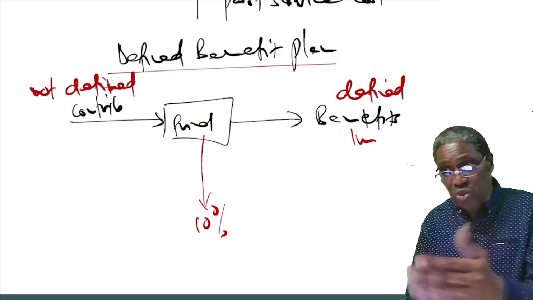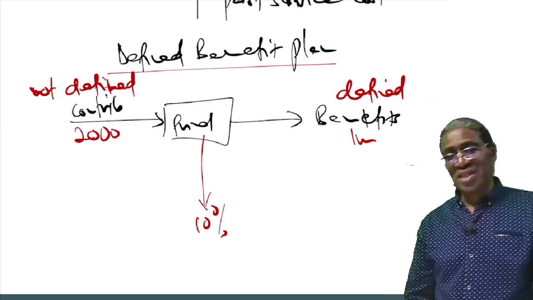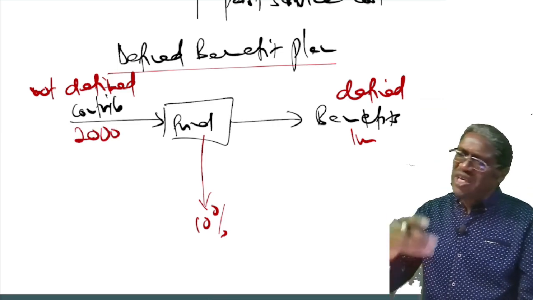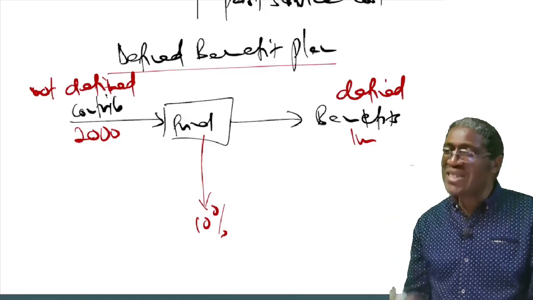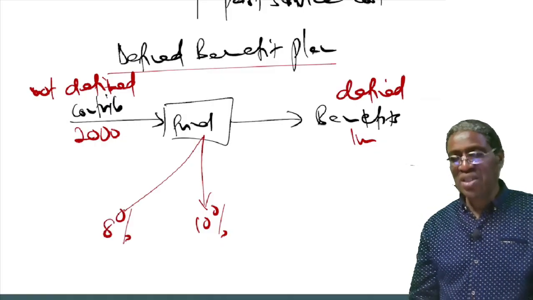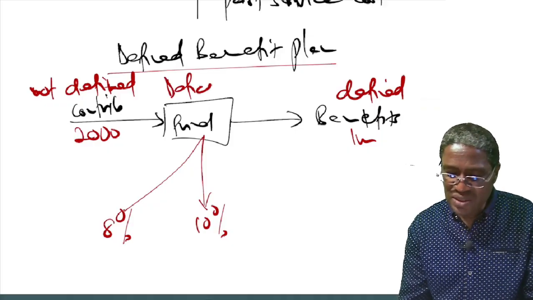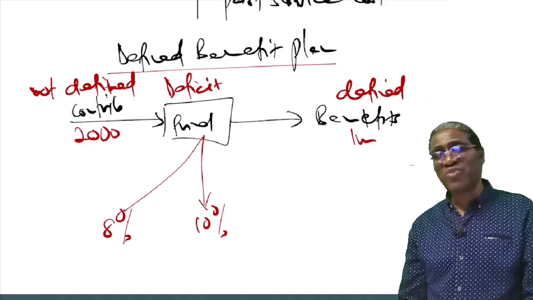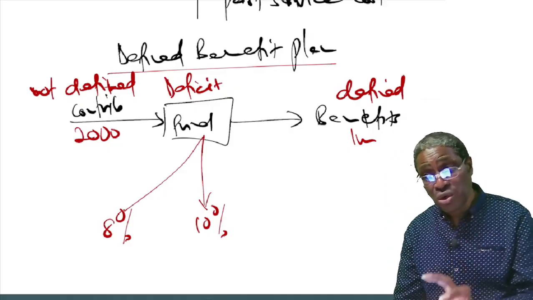You agreed with the actuary that let me contribute 2,000. Then I told you, what if after 2 years, your fund is no longer earning 10%, but it's earning 8%? Your fund will have a deficit. How do you correct for that deficit? You tell your employer to make additional contribution.